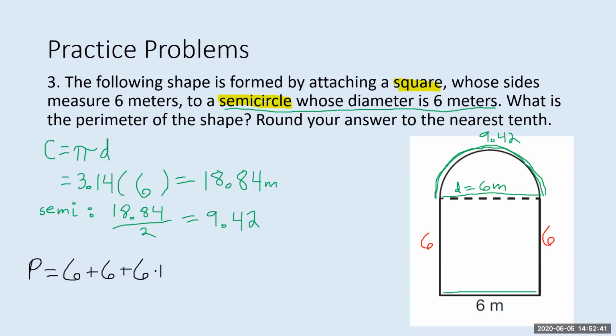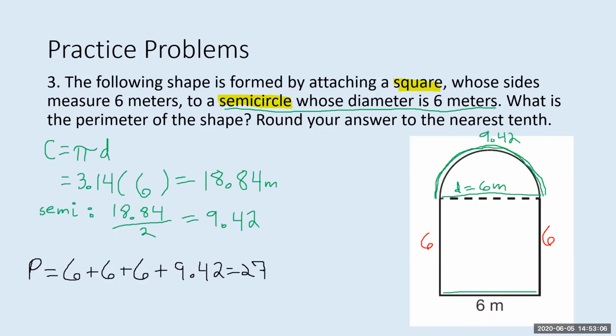Plus that curved side of 9.42. And that gives us a total of, let's make sure I'm adding everything up correctly here, a total of 27.42 meters.